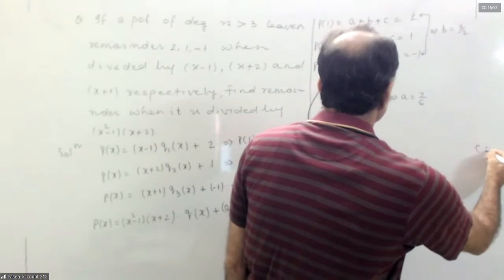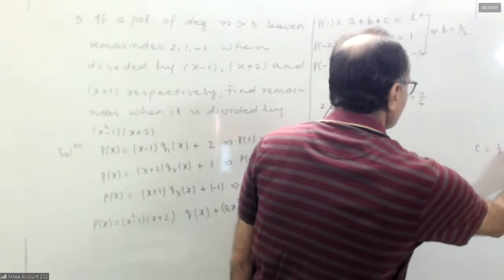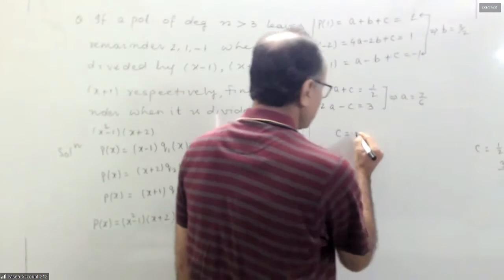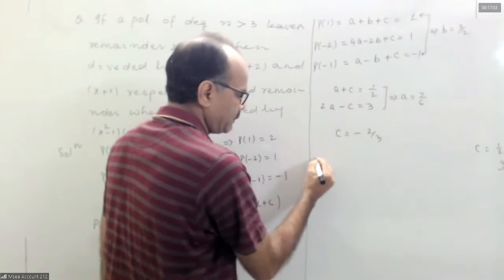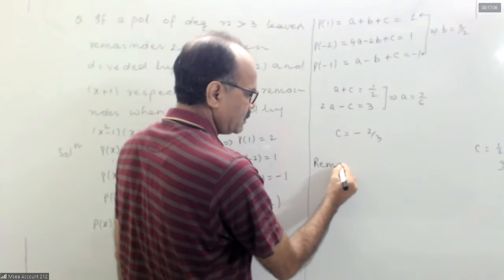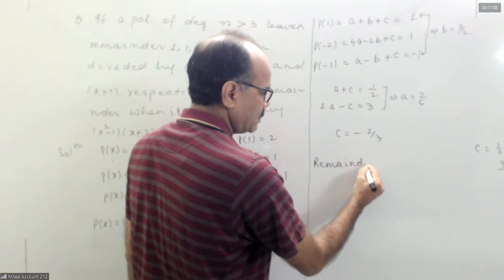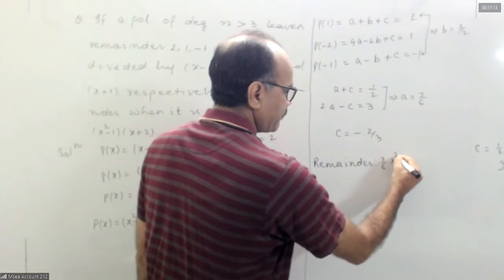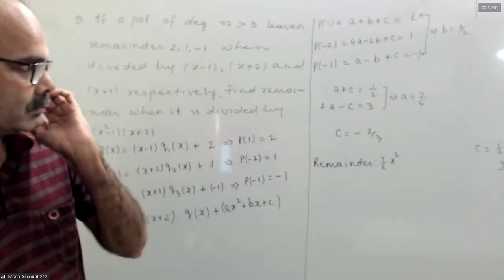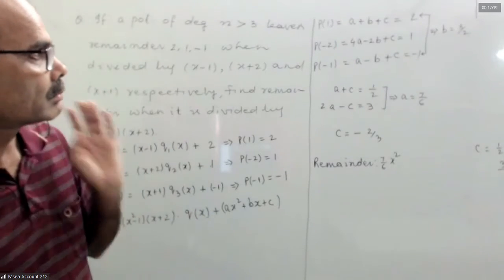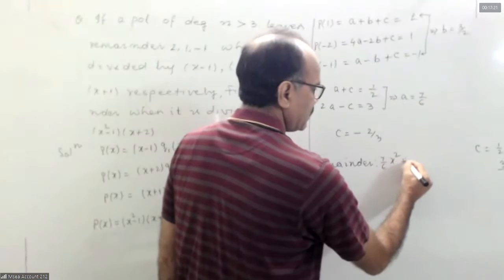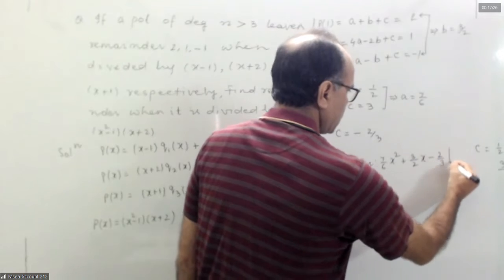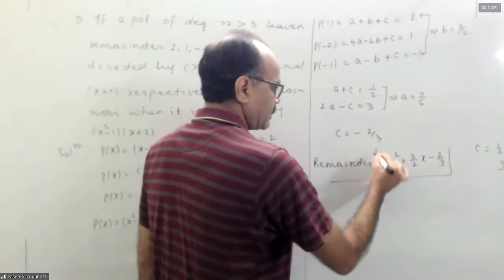Minus 2 by 3. So the remainder is ax square plus bx plus c. Okay, this is the remainder.